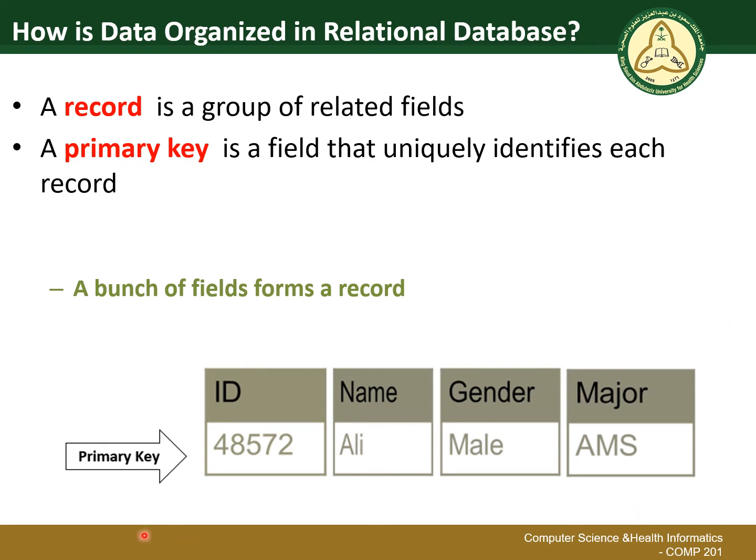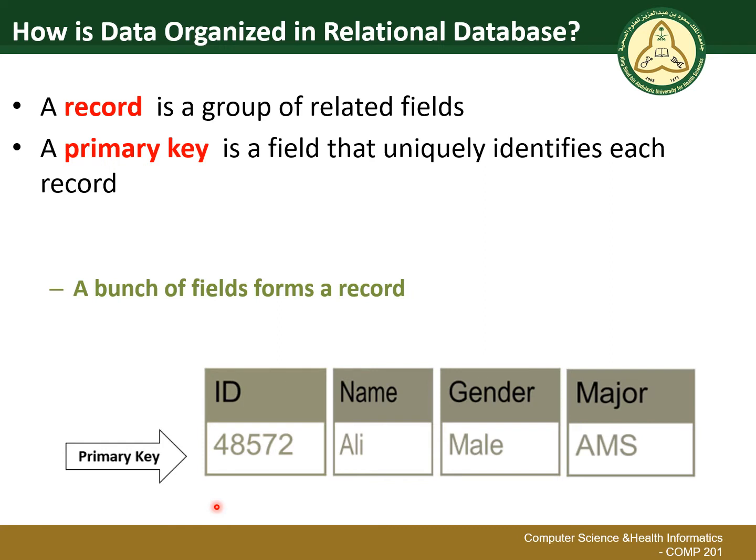The ID will be used as a primary key because it's a unique field that will not be repeated or duplicated. So you will not have another student with the same ID. Therefore, we use this field as a primary key.